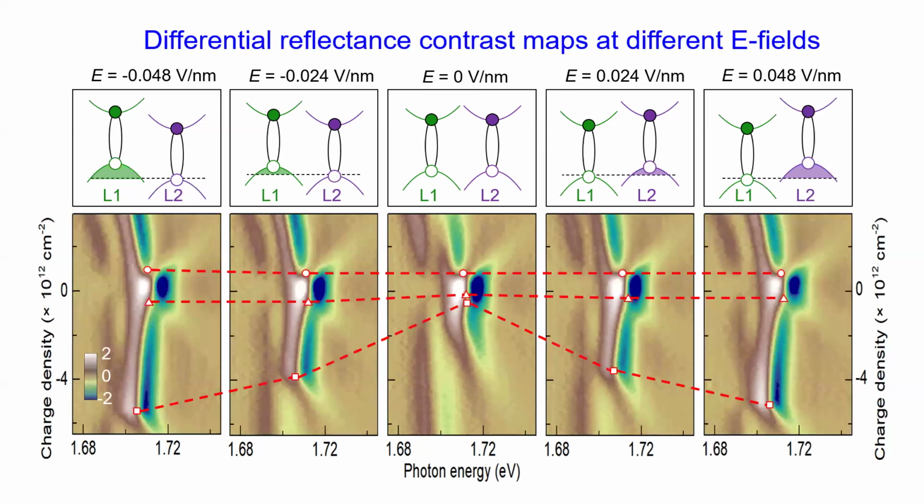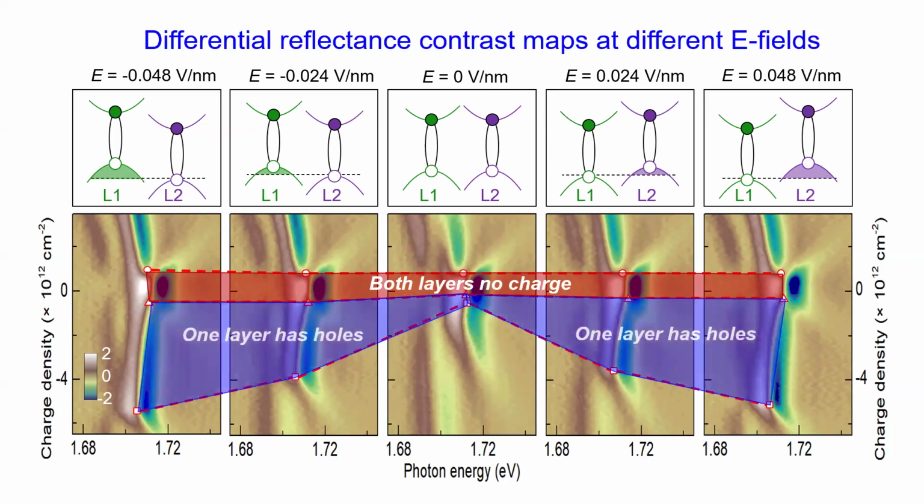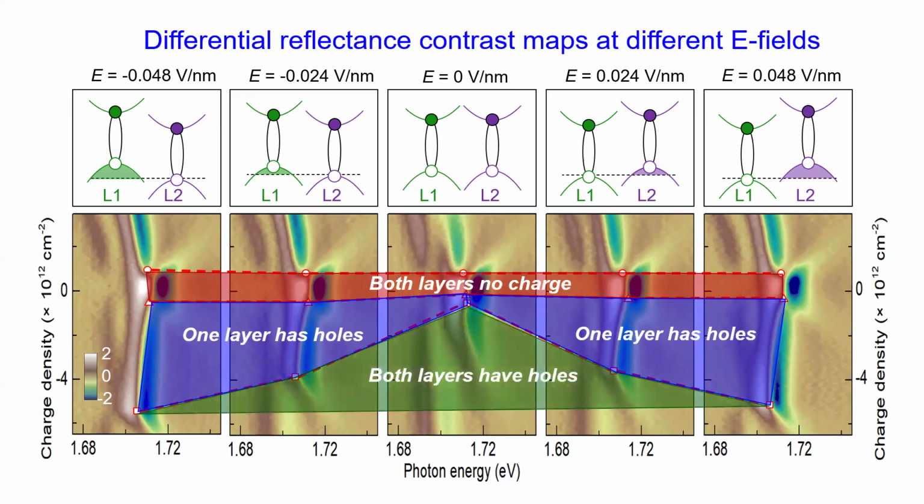And we can clearly see that in the red region, there are no charges, meaning both layers are intrinsic, followed by two blue regions where only one layer has holes. And the last region is marked by green, where both layers are doped by holes.